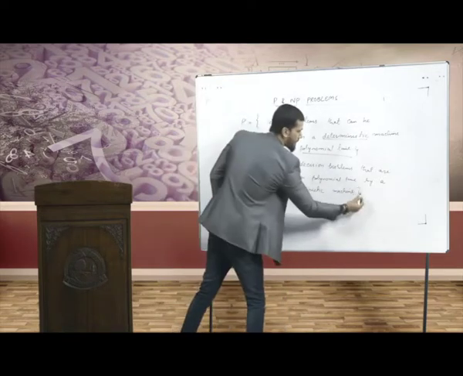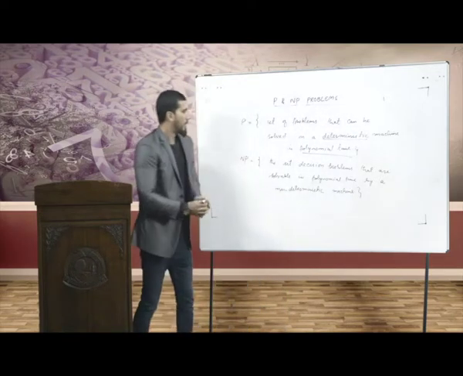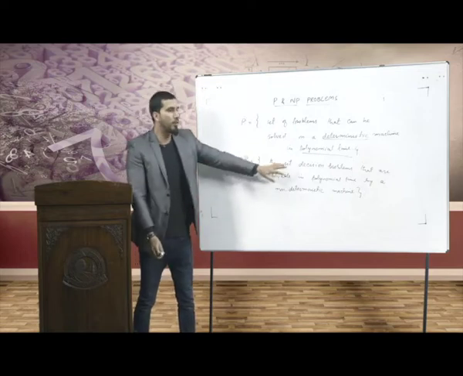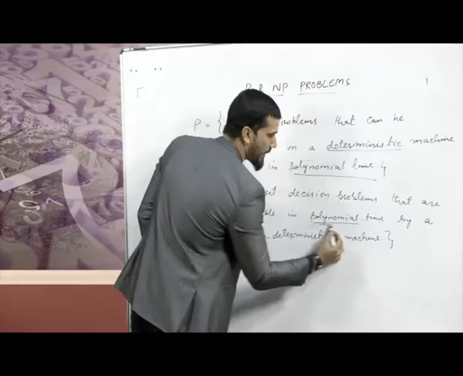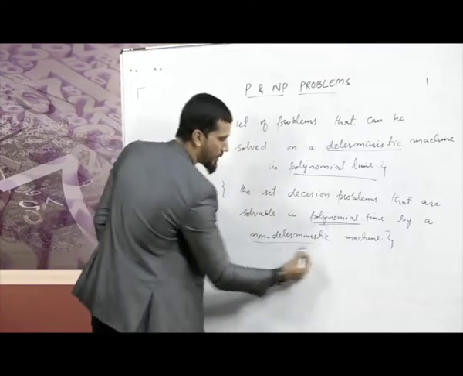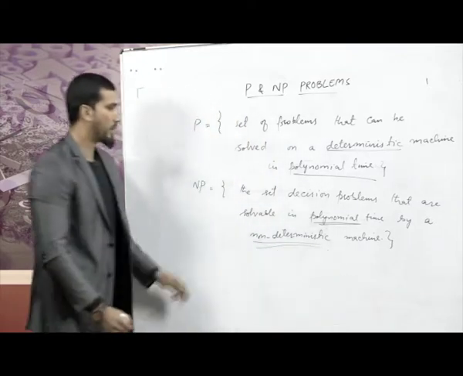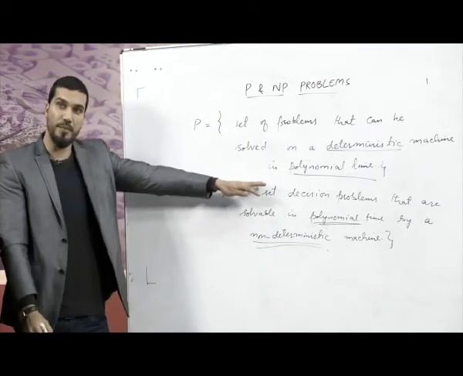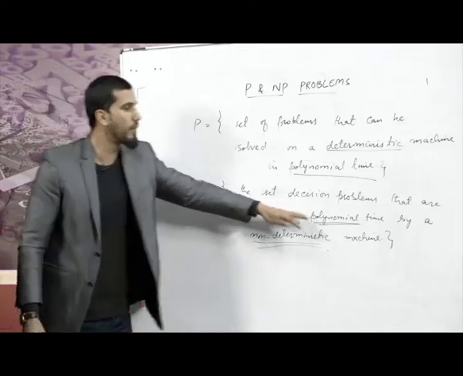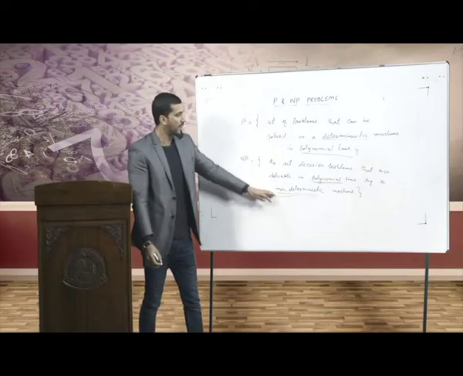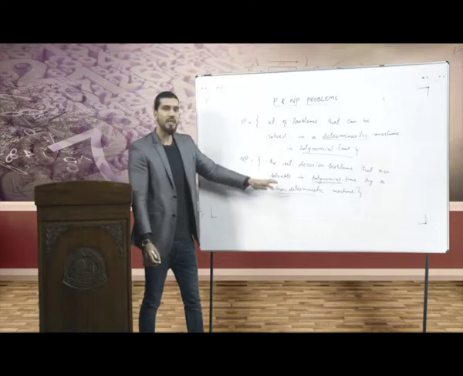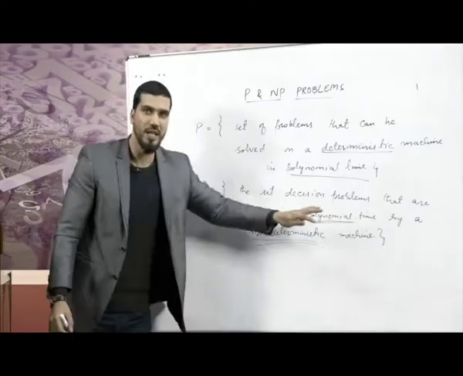So NP again involves two important terms. One is polynomial time and another is non-deterministic machine. So these are the set of decision problems which can be solved in polynomial time, but the difference between P and NP is that these problems, NP problems, can be solved in polynomial time by a non-deterministic machine.